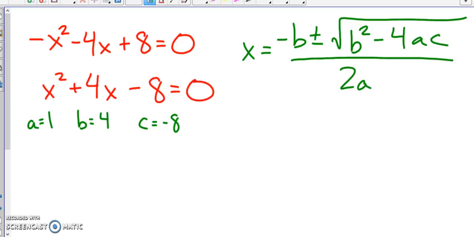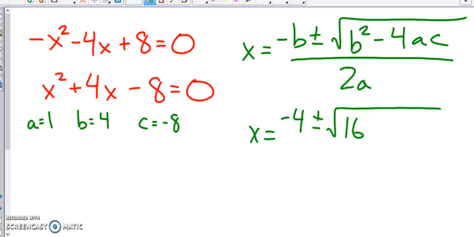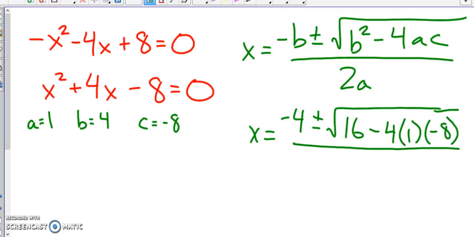So what we can do is fill this in. So x equals negative b would be negative 4, plus or minus the square root of b squared, 4 squared is 16, minus 4 times 1 times negative 8, all divided by 2 times 1.